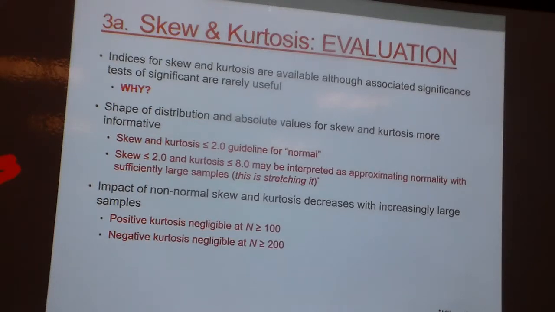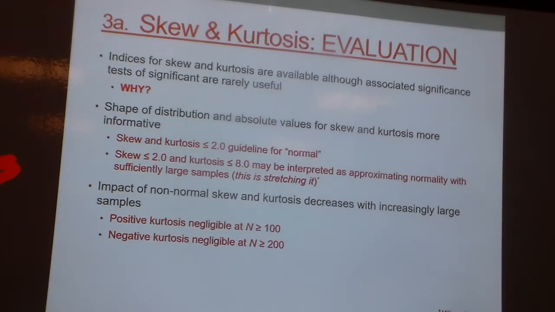But Tabachnick and Fidell say that generally, if we have samples above 100, we start to not have that much concern about negative or positive kurtosis. If we have samples above 200, we become increasingly less worried about negative kurtosis, right?